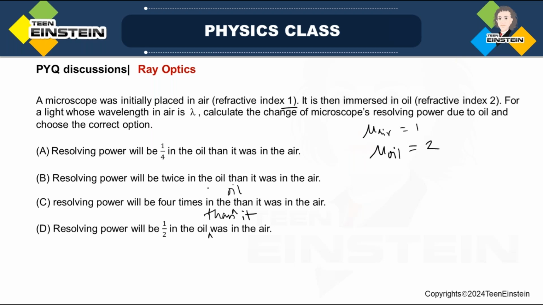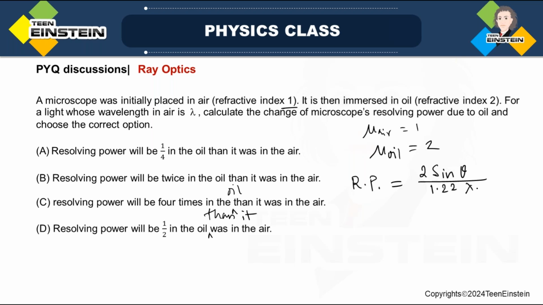We have to find the resolving power in the oil in terms of the resolving power in the air. Resolving power has a formula, I'll tell you. Resolving power for a microscope is 2 sin theta divided by 1.22 lambda.